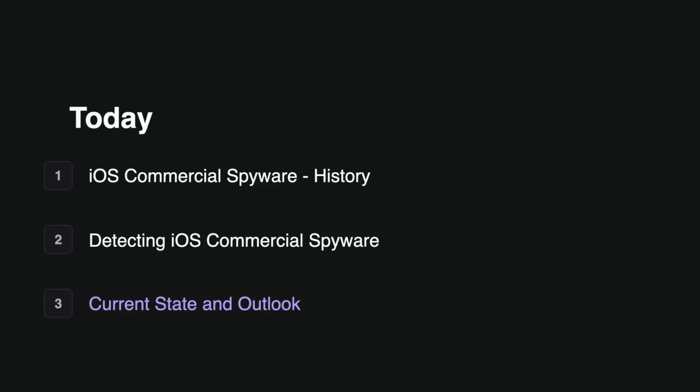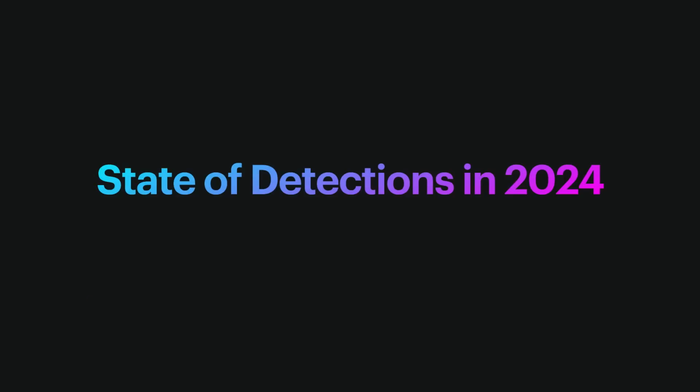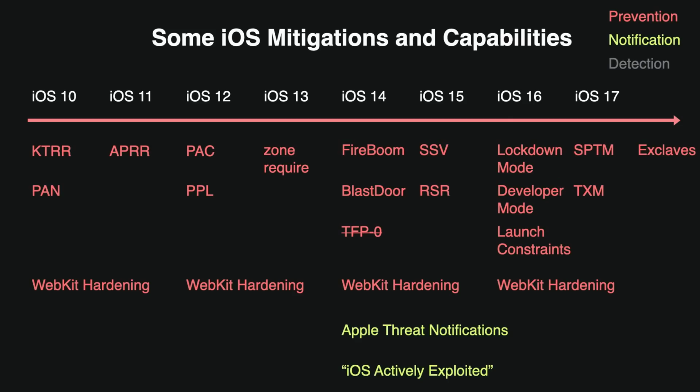Now let's briefly take some time and talk about the current state of detections. This slide should show you a lot of the mitigations that iOS has added over time in order to prevent the exploitation of the device. This is not a full or even a complete list. This is just some mitigations that I picked out.